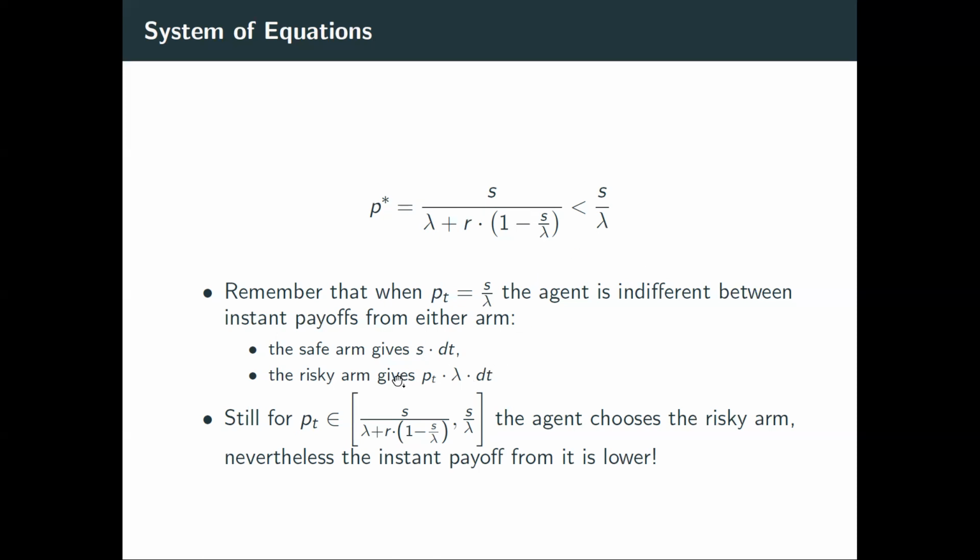But it turns out that the risky arm also dominates the safe arm within this region, where myopically the safe arm dominates. That is, for the beliefs within this region, when you use the risky arm, you behave myopically suboptimally, because myopically it would be optimal for you to use the safe arm. But no, you use the risky arm for these beliefs, because you kind of hope, right?